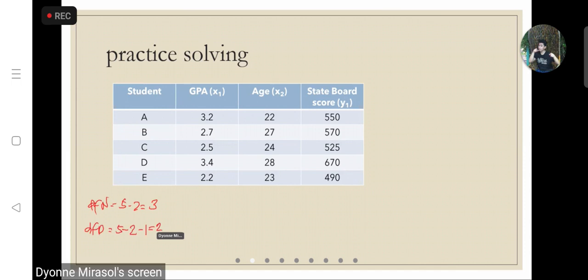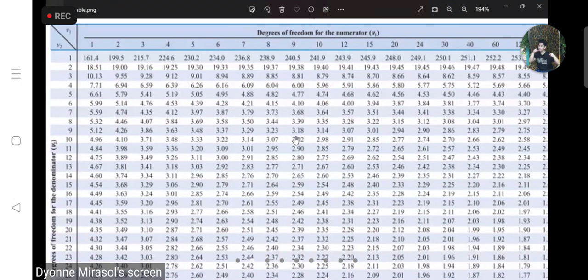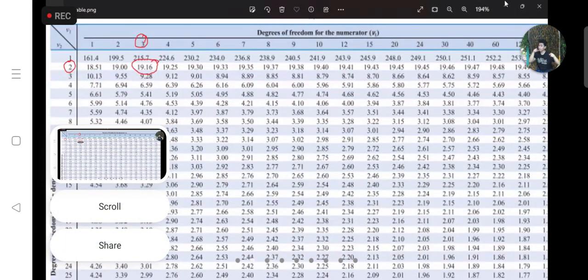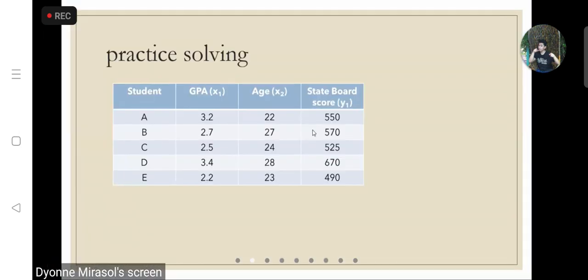Checking our F table, with numerator 3 and denominator 2, our critical value is 19.16.